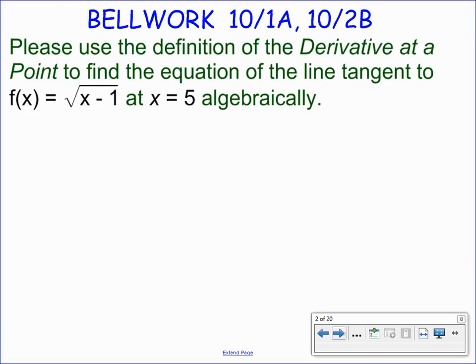So we know that my definition for the first derivative of a function f at a point is given by f prime. Well, this isn't going to work very well.